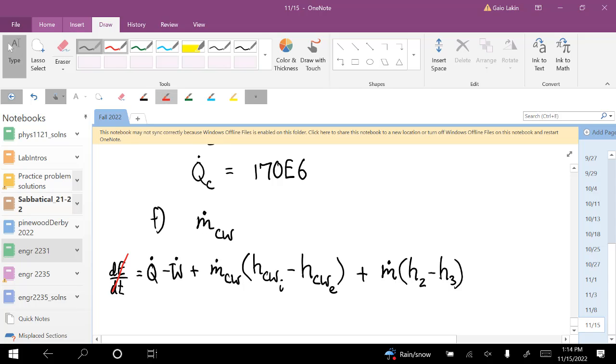It's steady state, no heat transfer except exchanging between those two liquids, no work.